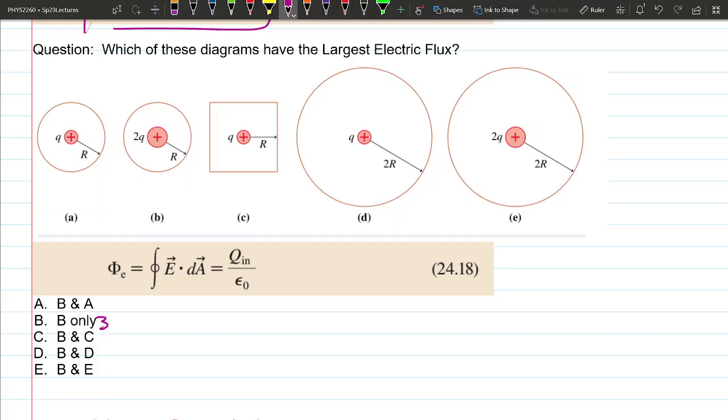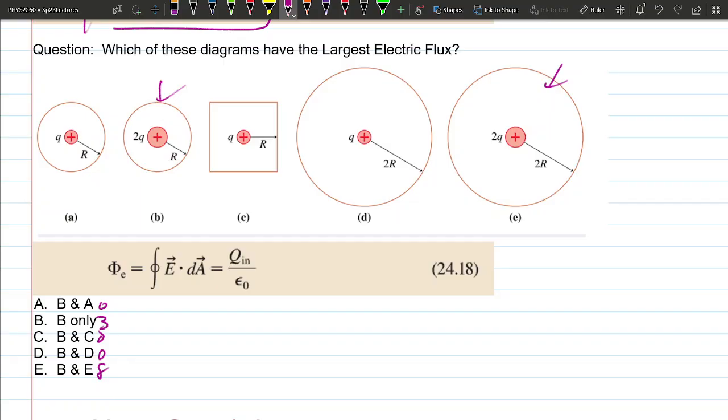How many think it's B and D, a 2 charge one and a 1 charge one? How many think it's B and E, this one and this one? Okay, you changed your mind, great. That's about 8 of you.